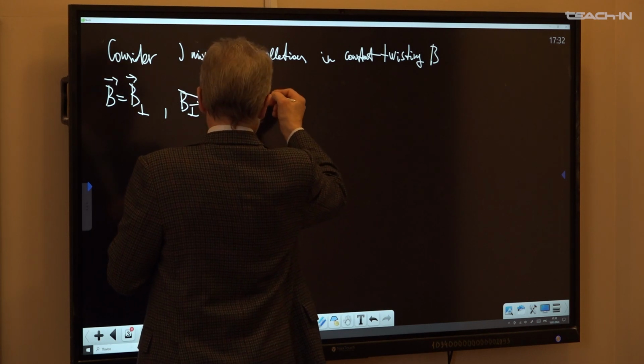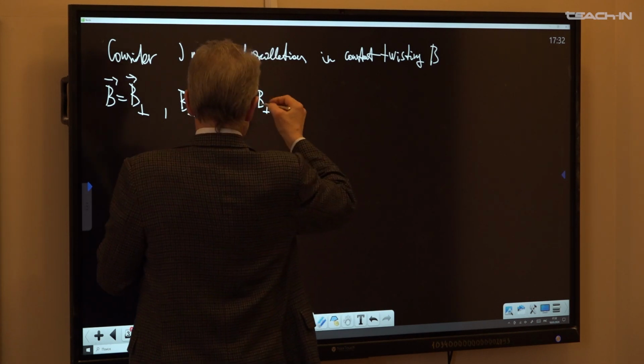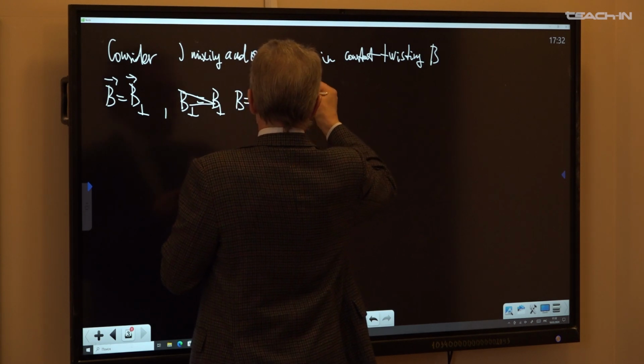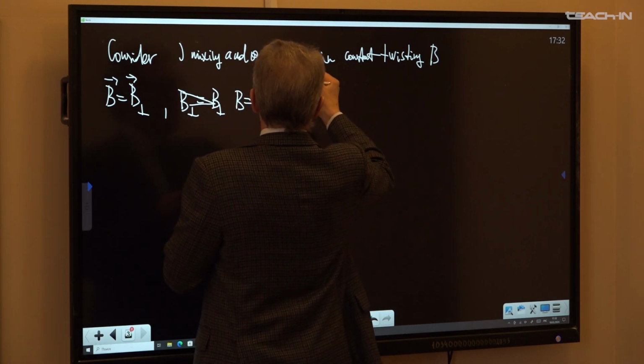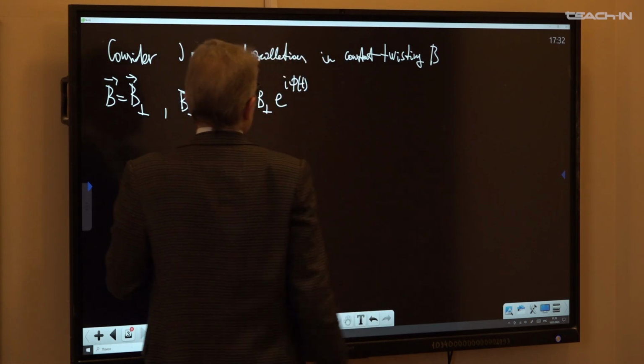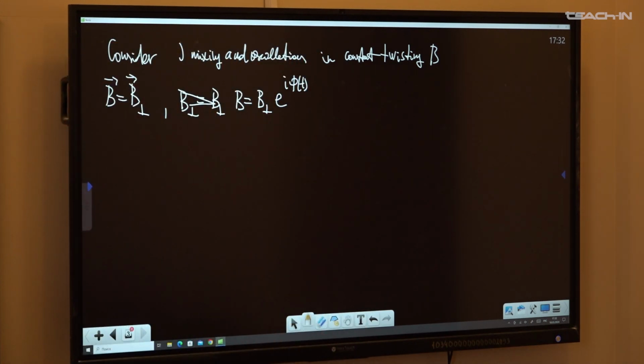The field is the modulus of this constant component multiplied by exponent with phi that is a function of time. This is a constant in space, in time field, but it rotates in space, but constant in time, yeah? But it rotates along the neutrino propagation.